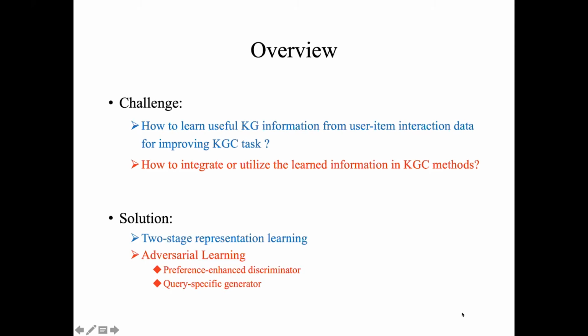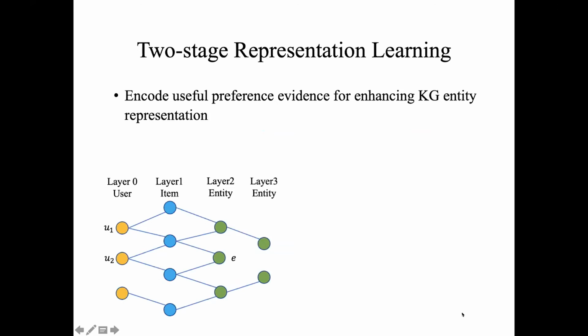Meanwhile, we keep a prediction component to produce the candidate entity without using user preference information. By mapping the two components to discriminator and generator respectively, our idea naturally fits into the successful framework of generative adversarial networks. Let's zoom into how two-stage representation learning works.